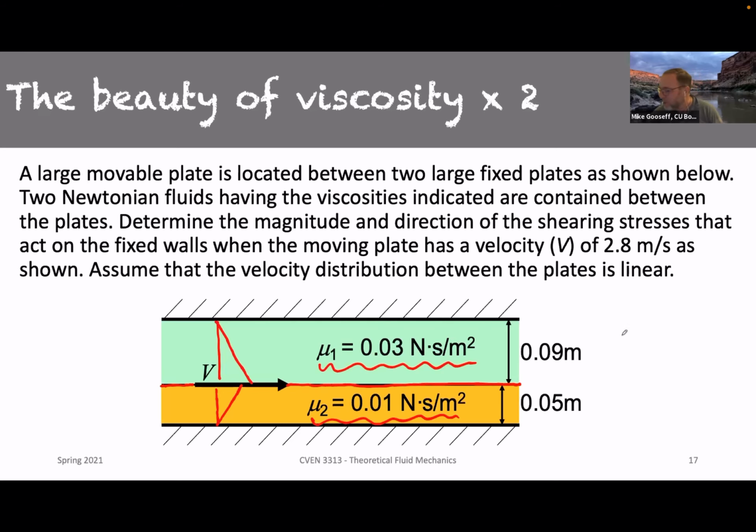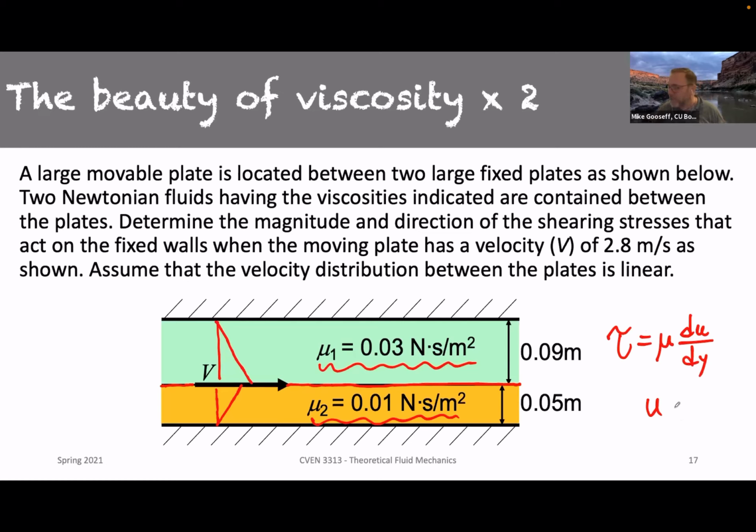Remember, we're going to use this relationship. Tau is equal to mu du dy. That's the way it was written in your book. U is essentially velocity. All right. And y is some height.